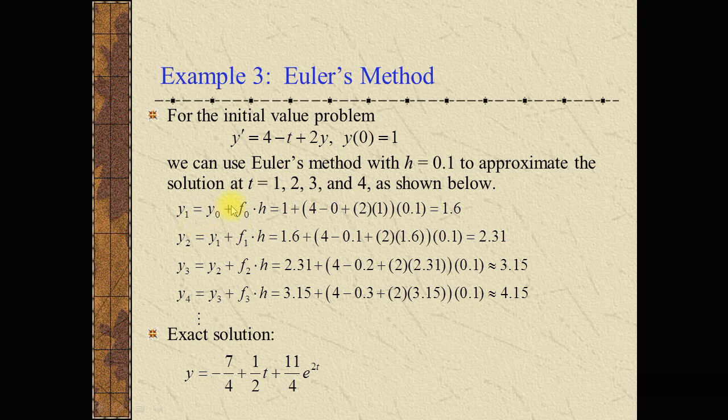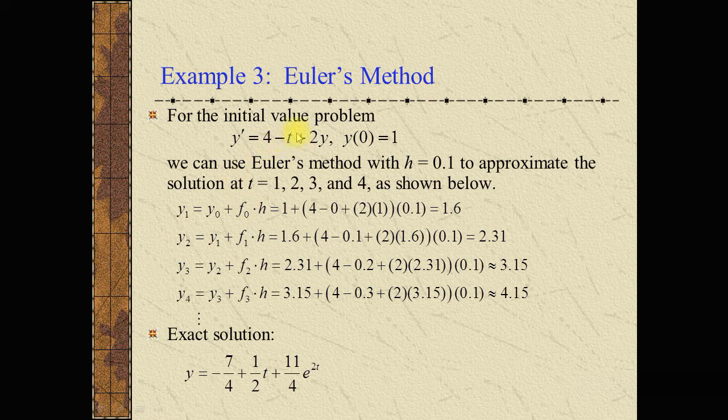Putting n is equal to 0 in the formula y n plus 1 is equal to y n plus h into f at x n, y n. But in this function, the domain is represented by t, so we obtain the function f at t n, comma y n. Putting n is equal to 0, we obtain y1 is equal to y0 plus h into the function at t0 and y0.